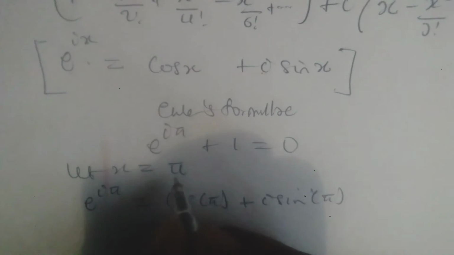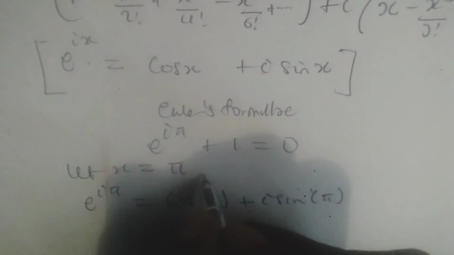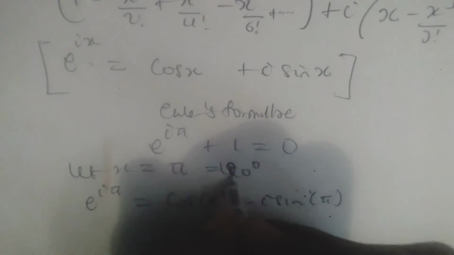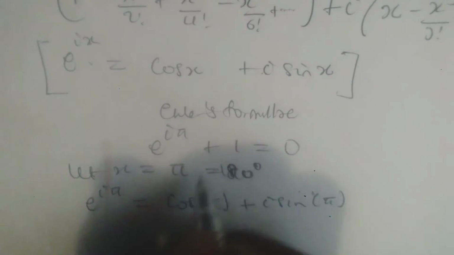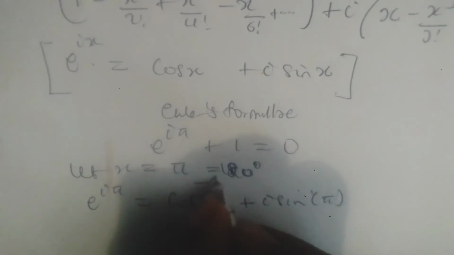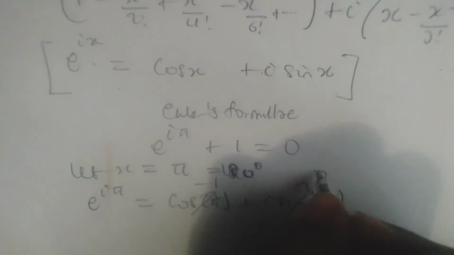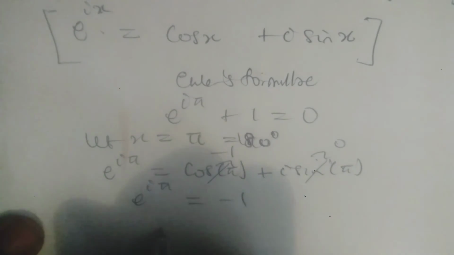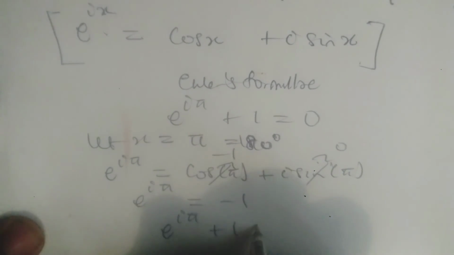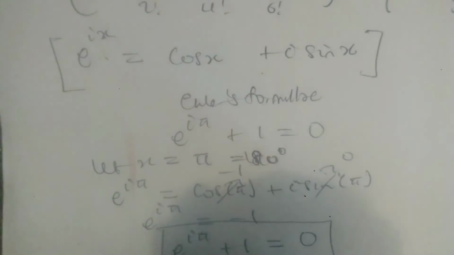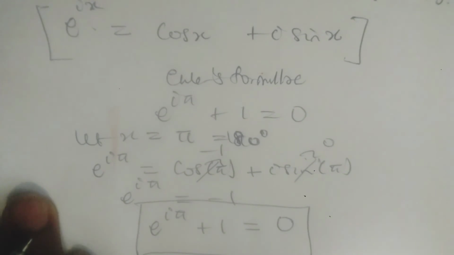Now pi is in radians; pi in degrees is 180 degrees, and you can convert it to radians using a particular formula. Now the cosine of pi is -1, and the sine of pi is 0. So in that case, we have e to the power of i pi equal to -1. Now when we bring it over, we have e to the i pi plus 1 is equal to 0. Of course, this is the famous Euler's identity.